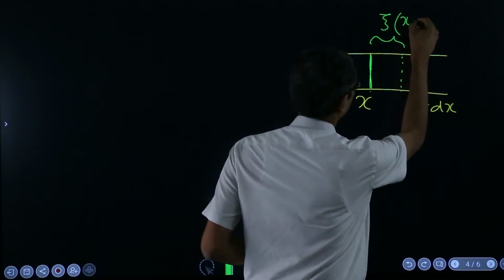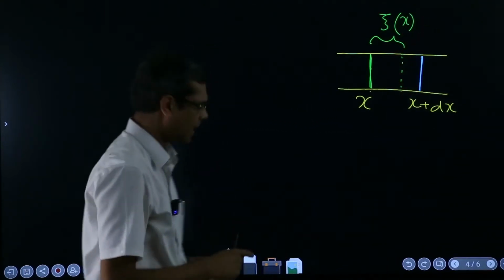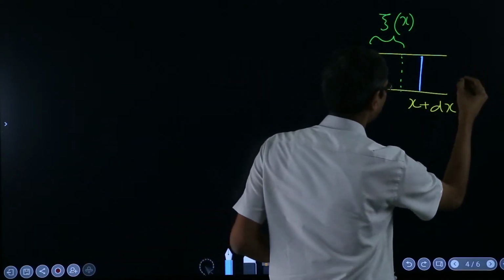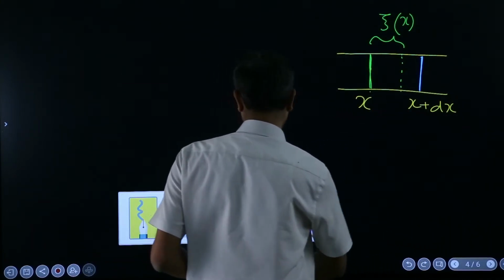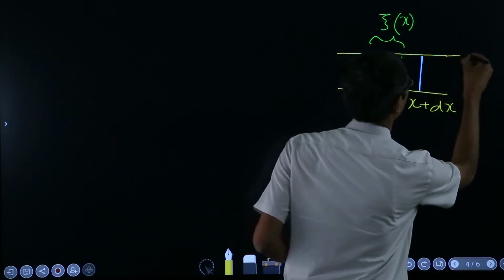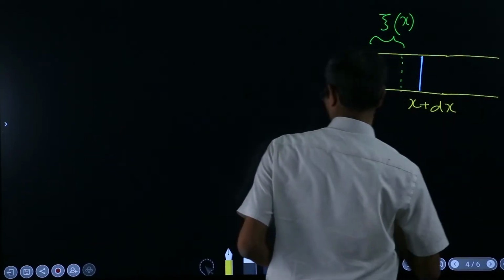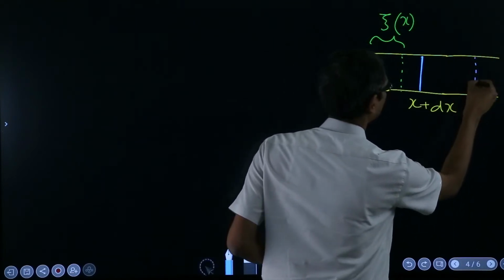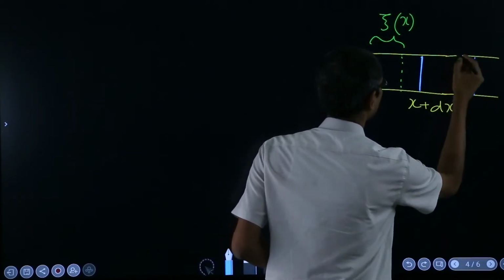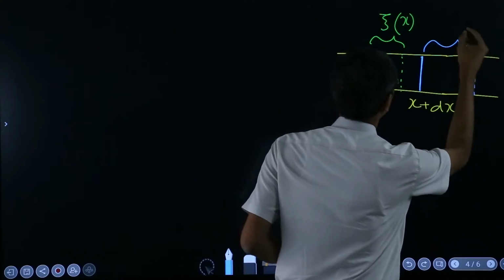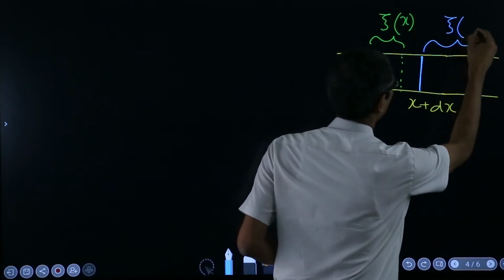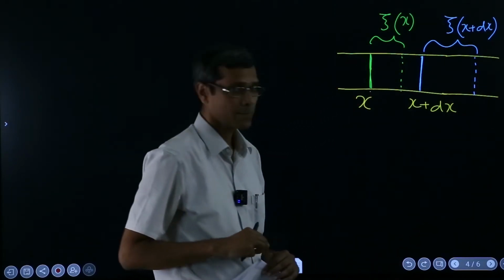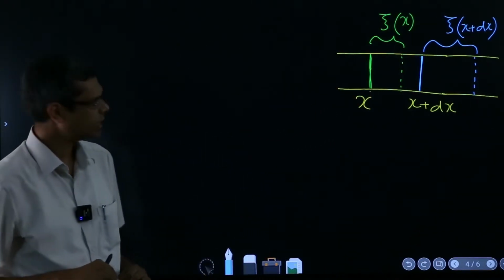Okay, so this one in a way is psi at x, and the other one, I needed a longer length of the tube. Okay, say it moved here, suppose, and this distance was psi of x plus dx, right?